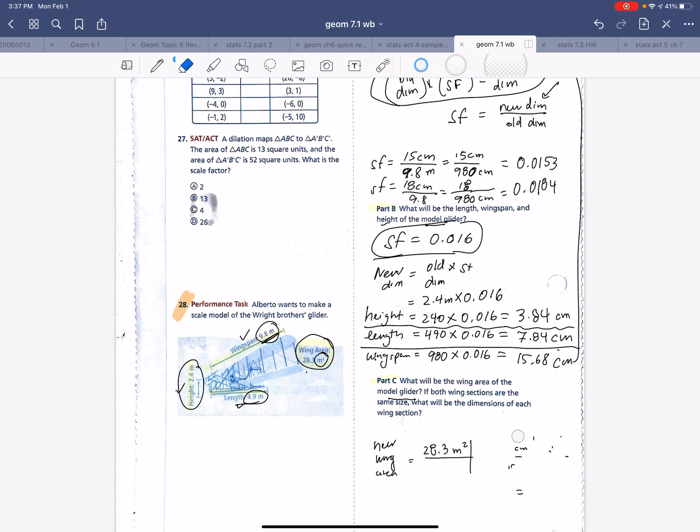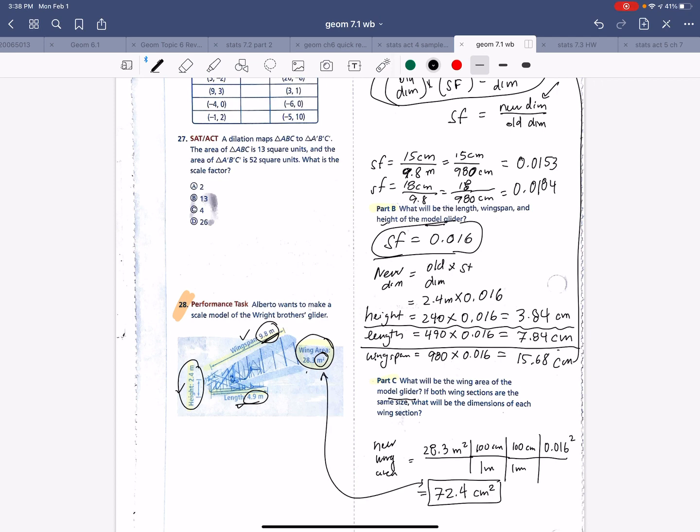No. Mess that up. 1 meter is equal to 100 centimeters. Yep, that makes more sense. Now we're talking. And then I'm going to multiply by that twice. 28.3 times 100 times another 100 times 0.016 times 0.016. Oh, now we're talking. So that would be 7.24 centimeters squared.